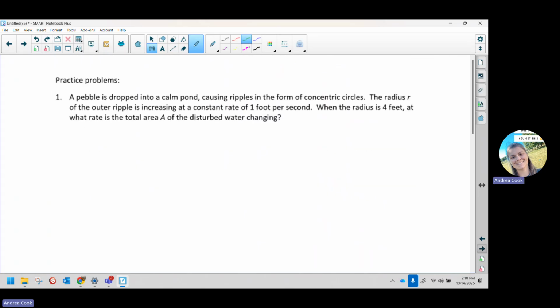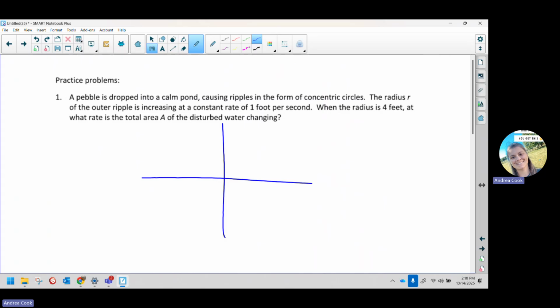All right, here we go. Our first word problem. Has anyone ever dropped a rock into a pond and seen circles form and get bigger and bigger? That's what we're doing.